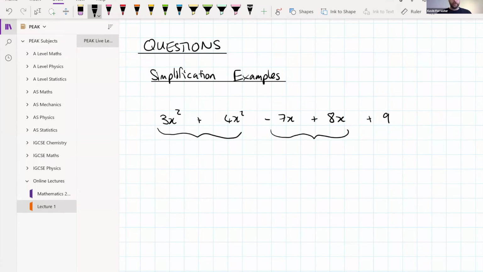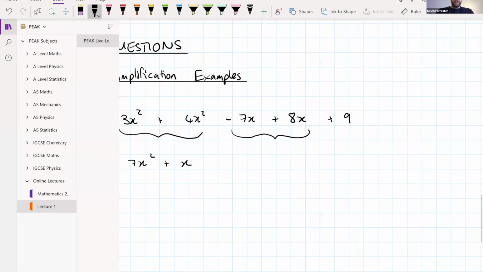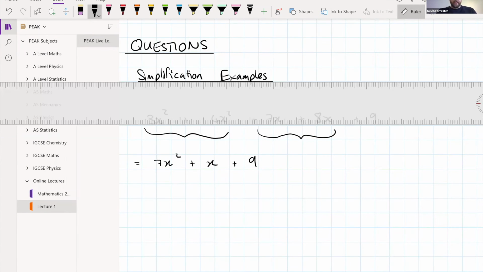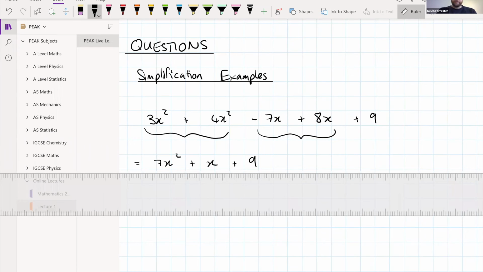So all the x squared terms get combined together, and that gives us 7x squared. And then with the other terms, the x terms, we can combine those together. Minus 7x plus 8x gives us x. Because remember, the 1 is implied, we don't need to write it. And then there are no other constants, and so that combines together. And there is our simplified term.